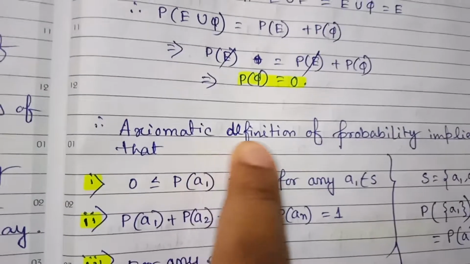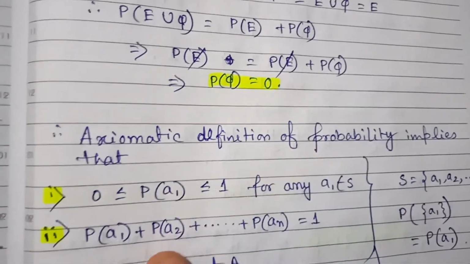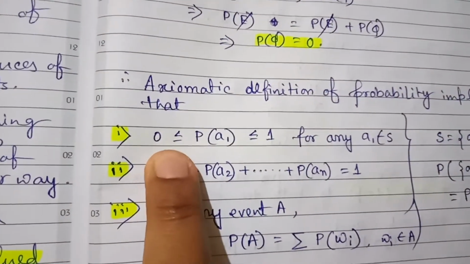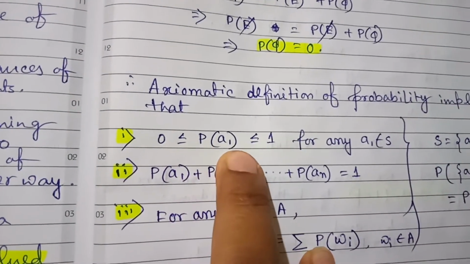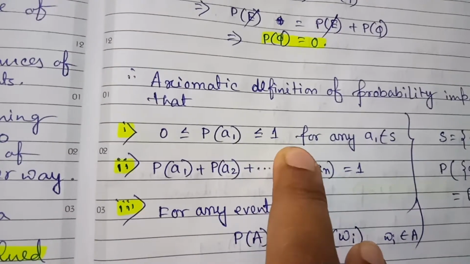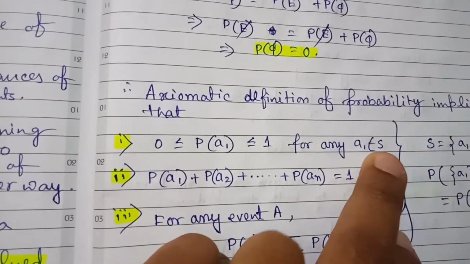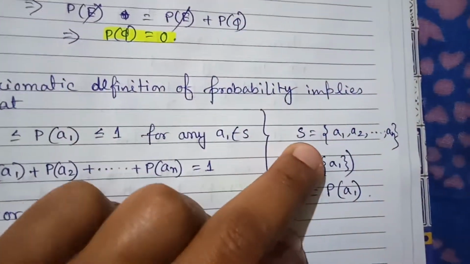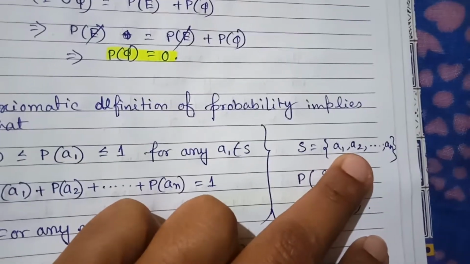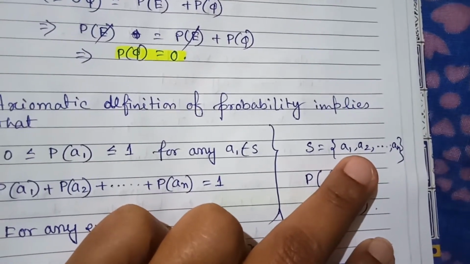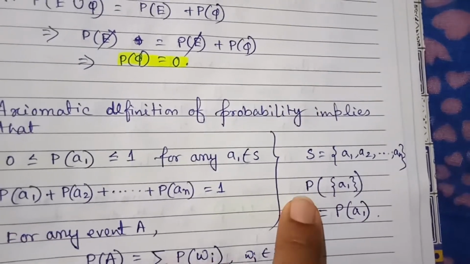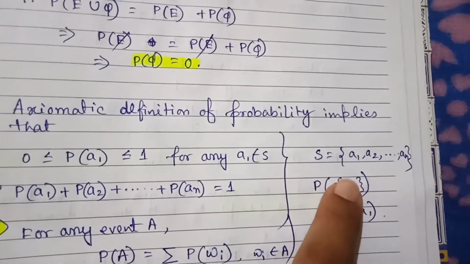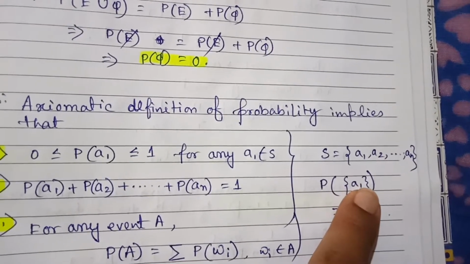Now coming to the axiomatic definition of probability, that implies 0 is less than or equal to P(A1), which is less than or equal to 1, for any A1 belonging to S. Now S is the sample space containing these n elements A1, A2, up to An. Here we are neglecting the set bracket.